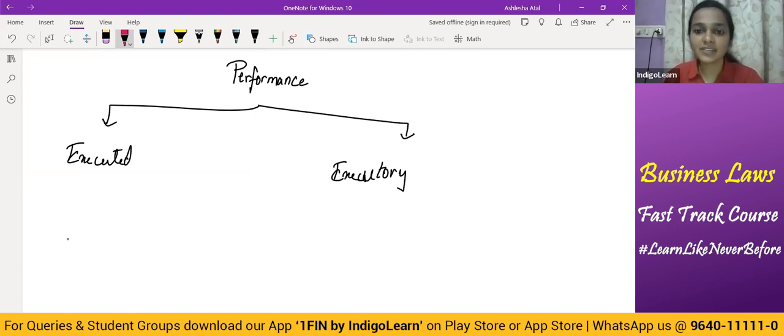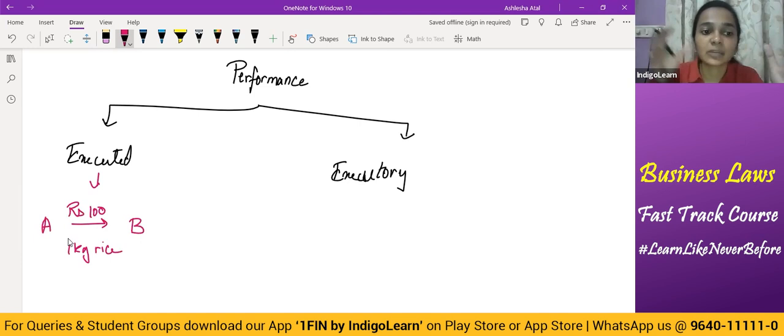Now, the name itself gives us the meaning of what it is. Executed basically means where the parties to the contract have performed their respective obligations. So say for example, Mr. A promises to sell 1 kg of rice to Mr. B for rupees 100, and both the parties have performed their respective obligations.